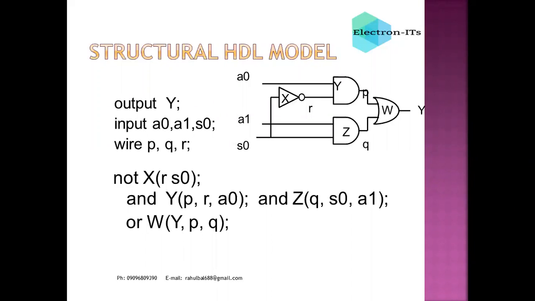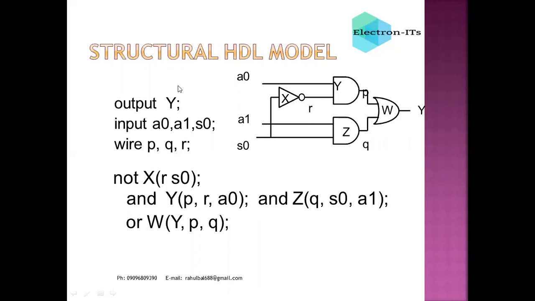In structural, we use built-in primitives which are at the gate level. We use switch level primitives at the transistor level. We use user defined primitives again at the gate level. So this is just example in which we are using two AND gates, one NOT gate and one OR gate, and we are using these inbuilt gate primitives like NOT, and OR.